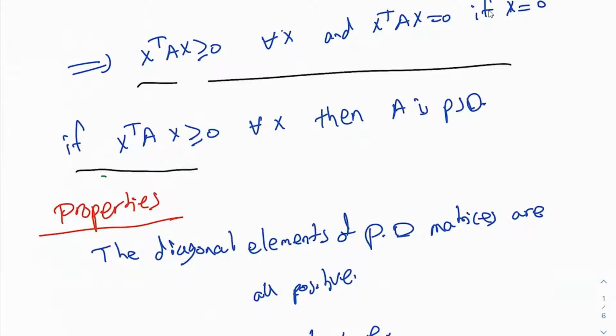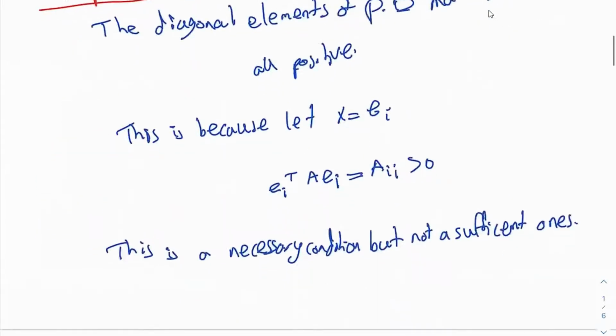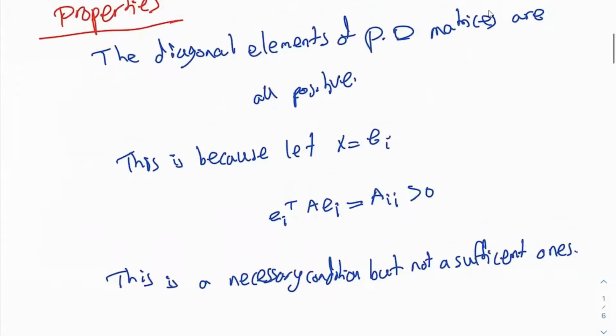One, all the diagonal elements of a positive definite matrix are positive, right? Why is that? So we write the definition: X transpose AX should be greater than 0, and it's equal to 0 if and only if X is equal to 0. This X can be any non-zero vector, right? So let X be a standard basis vector.